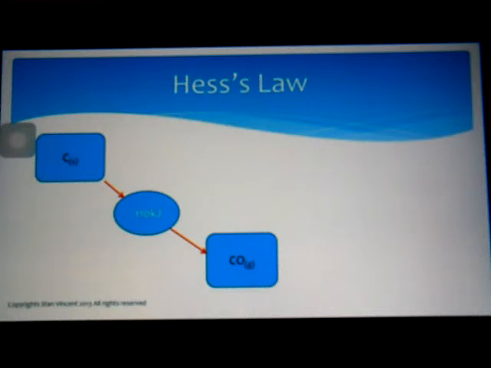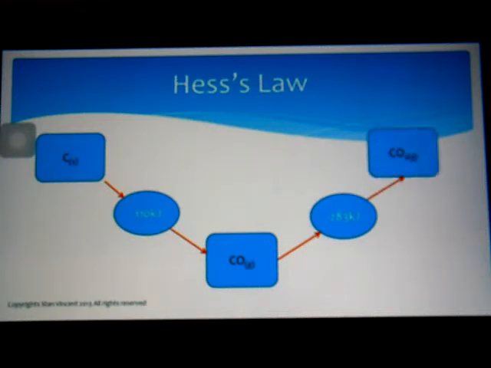Now you can take this carbon monoxide and oxidize it to carbon dioxide. And the energy change associated with changing 1 mole of carbon monoxide to carbon dioxide is minus 283 kilojoules, which is again an exothermic reaction. So now you have carbon dioxide produced using a 2-step reaction.